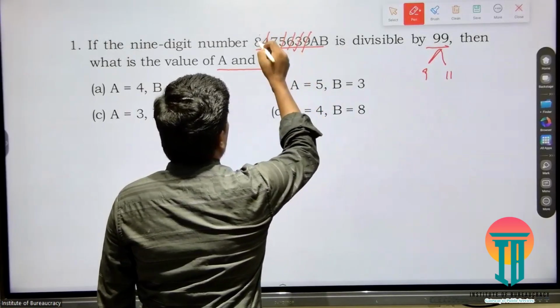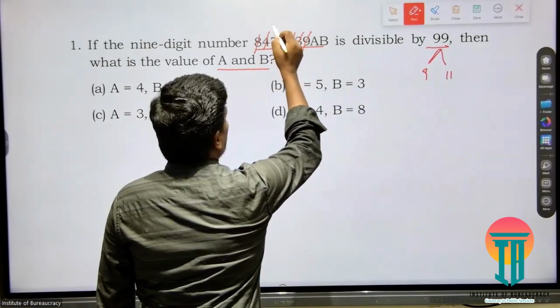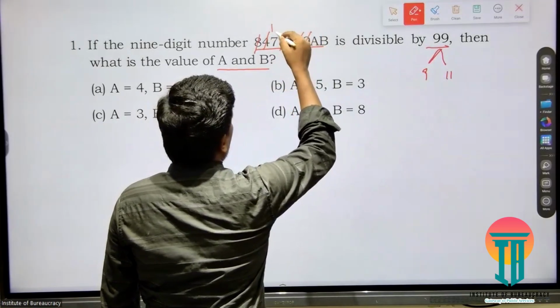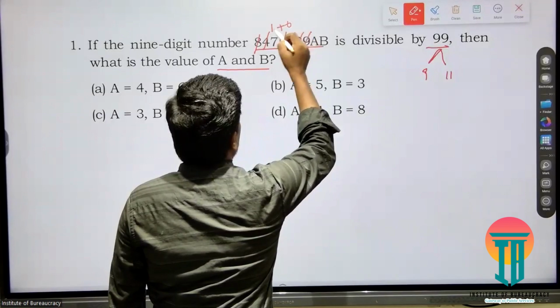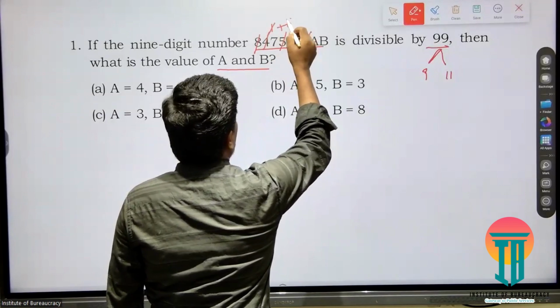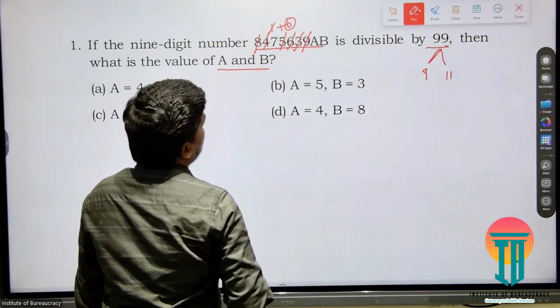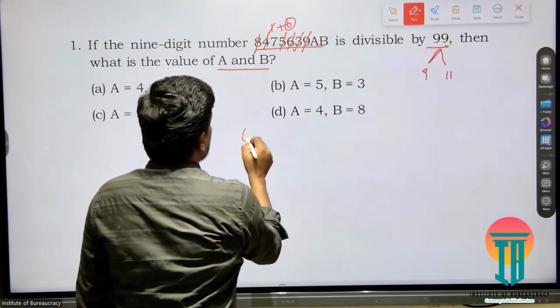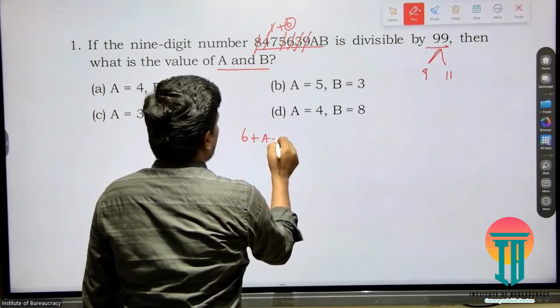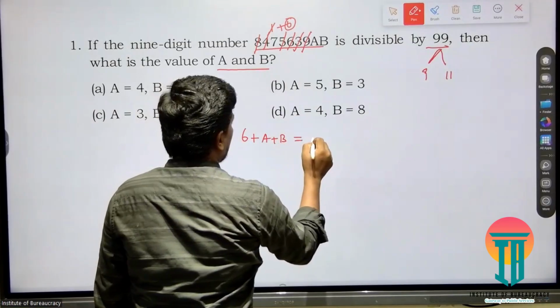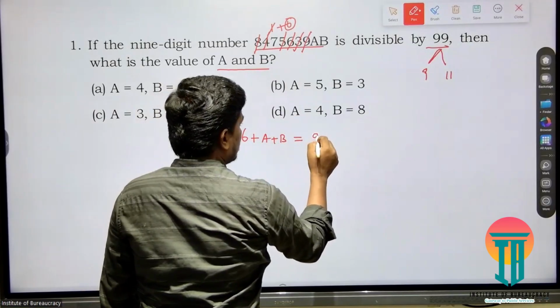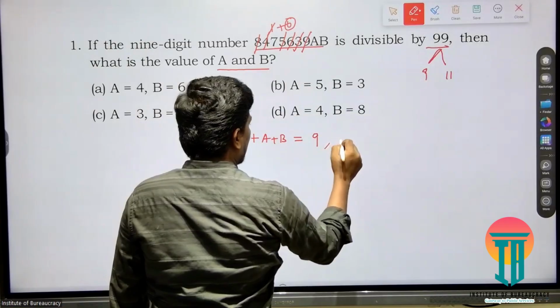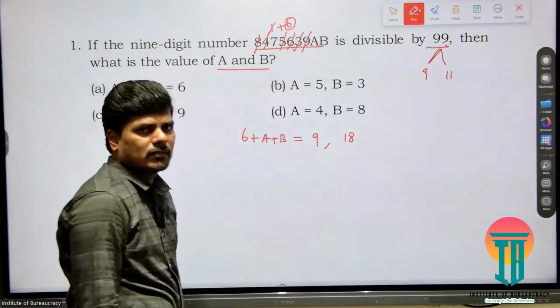And then 8 plus 1 I take, it's going to be 9, I can leave it. And then I have 6. So that means 6 plus A plus B. This is supposed to be either 9 or 18.